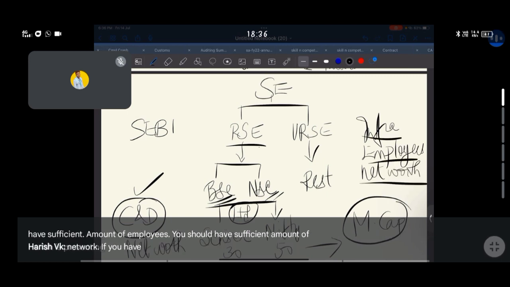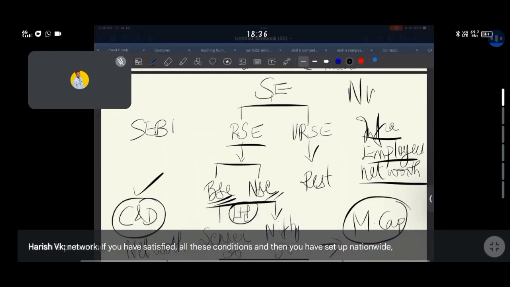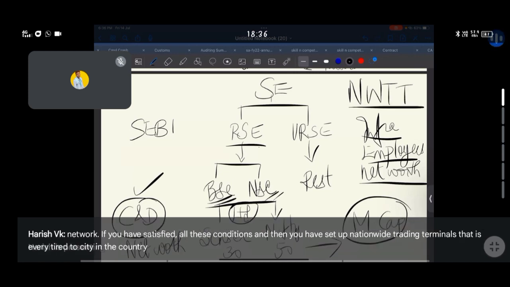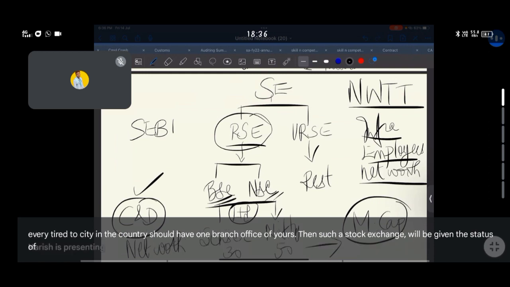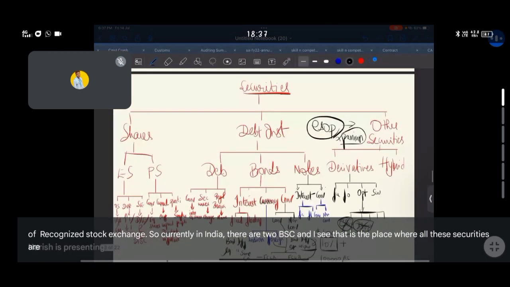If you have satisfied all these conditions and then you have set up nationwide trading terminals, that is, every tier 2 city in the country should have one branch office of yours, then such a stock exchange will be given the status of recognized stock exchange. So currently in India there are 2, BSE and NSE. That is the place where all these securities are traded.